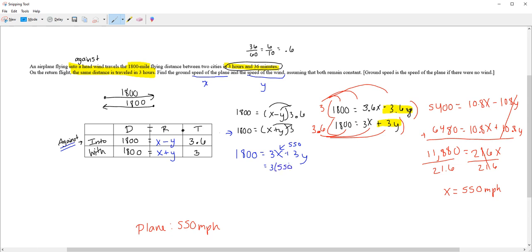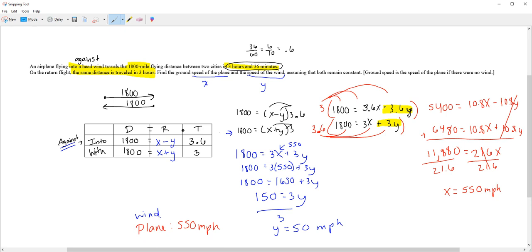So 3 times 550 plus 3y equals 1,800. 3 times 550 is 1,650, so 1,800 equals 1,650 plus 3y. We're going to subtract, and that's going to give me 150 equals 3y. Then we divide by 3. y equals 50. So the speed of the wind is 50 miles per hour.